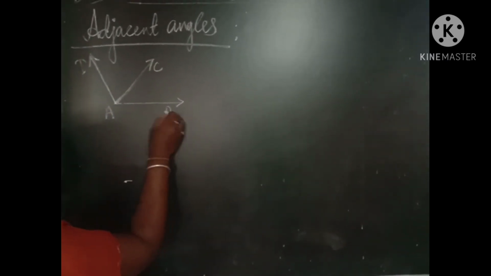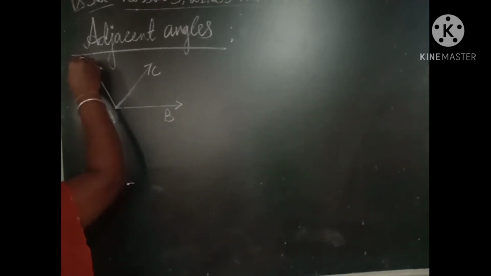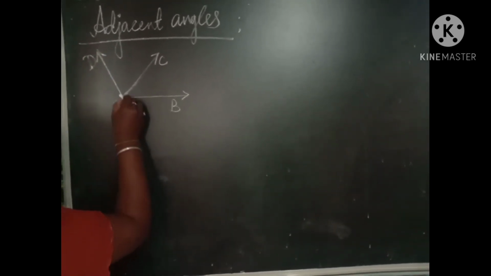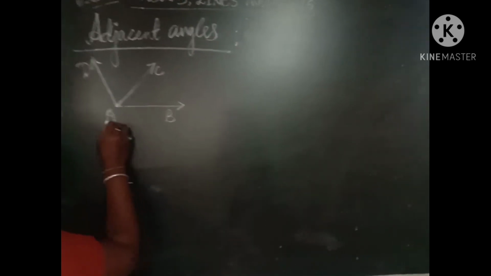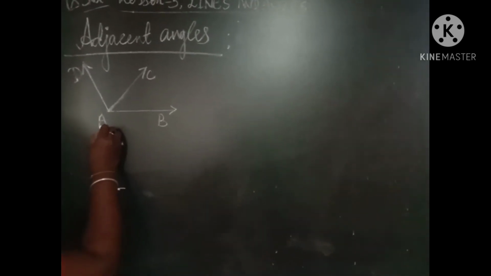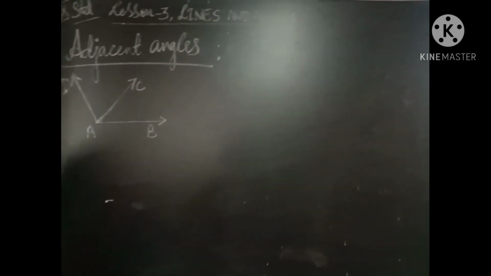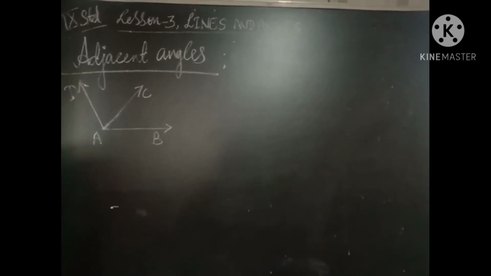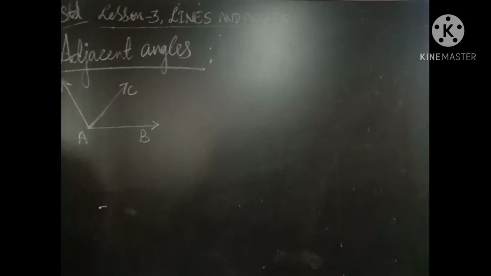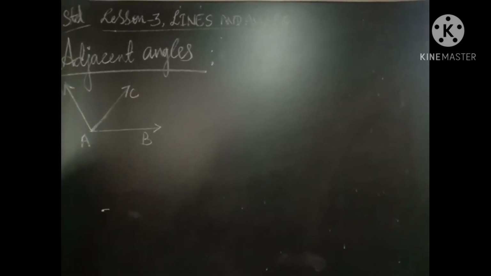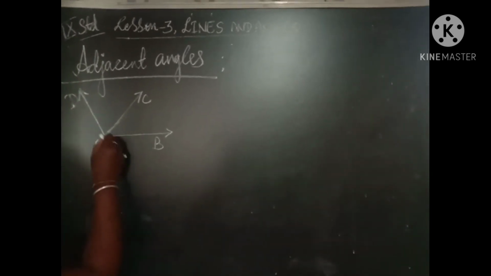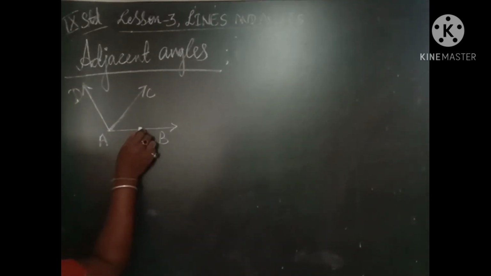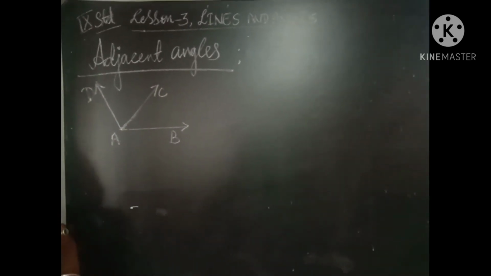AB and AD are non-common arms, with the common point A. Adjacent angles are the angles which have a common vertex, a common arm and non-common arms. Such angles are called adjacent angles.